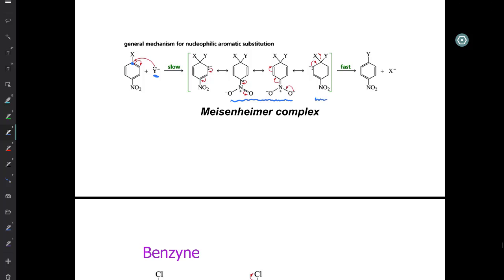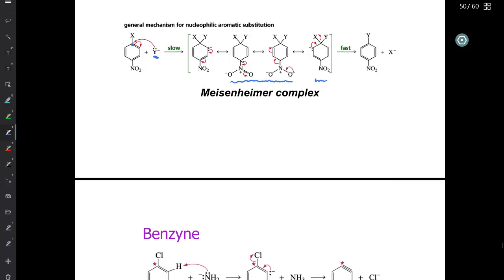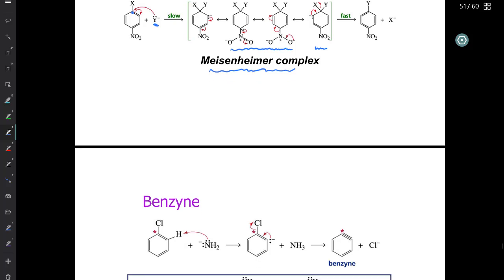So remember, we have a nucleophilic addition attack, and then we get the elimination of that group at the end, and the better leaving group is the one that leaves. This set of intermediates, which you should be able to draw for a reaction, is known as the Meisenheimer complex, which is that series of 4 resonance structures that explain the ability of this reaction to take place.